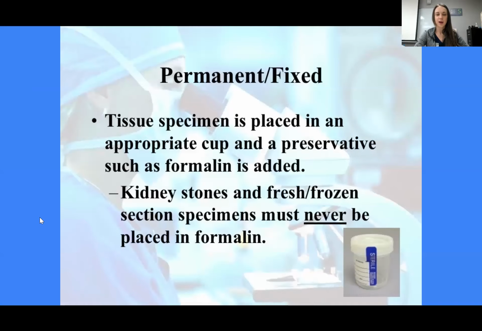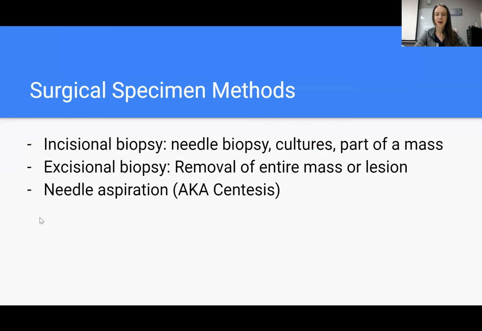So incisional biopsies, you have lots of different options. I already gave you one, the culture swab. So we've made an incision, but we're not excising a piece of tissue, so we're just going to swab from that incision. So culture tube, that's one. Another one is needle biopsy that you see at the top of your page. There are lots of different kinds of needle biopsies.